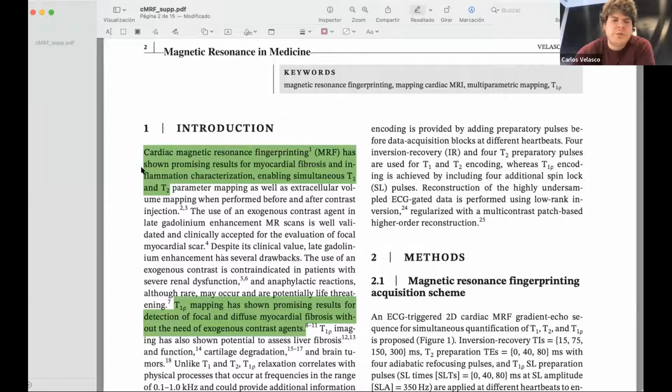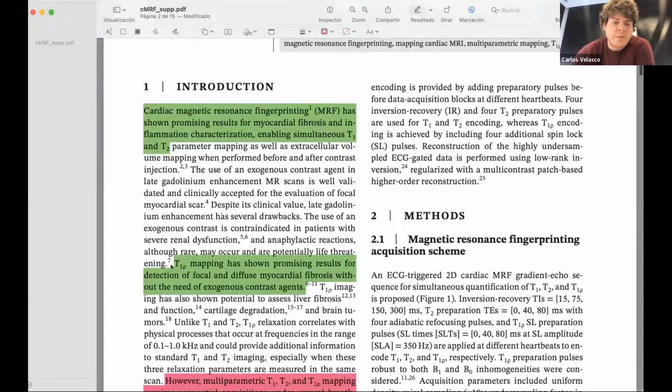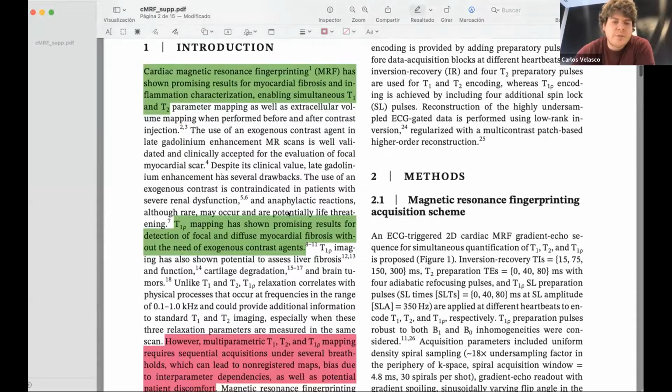And we wanted to extend this framework to T1 rho, because T1 rho has promising results in the detection of focal or diffuse fibrosis. It's an endogenous contrast analogous to LGE, but without the need of any contrast injection.